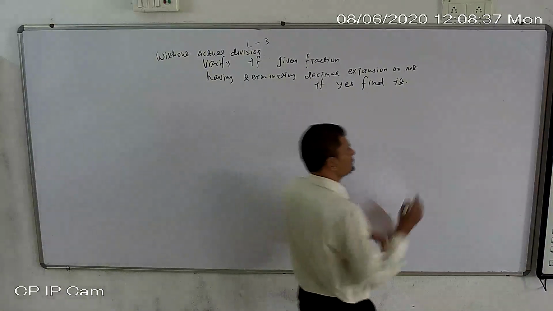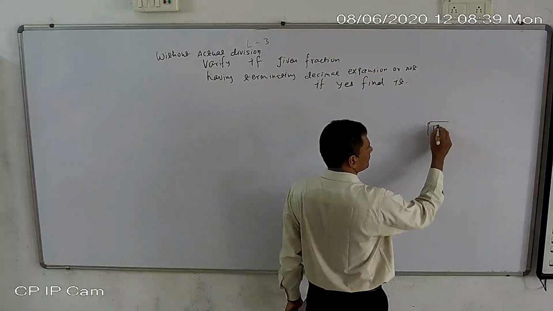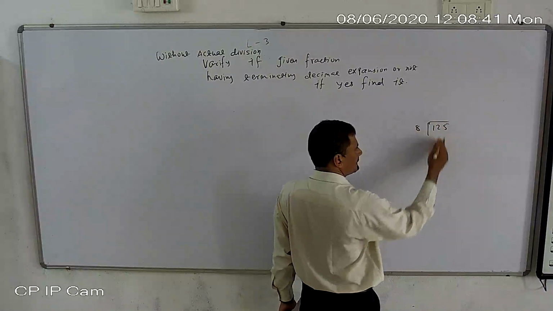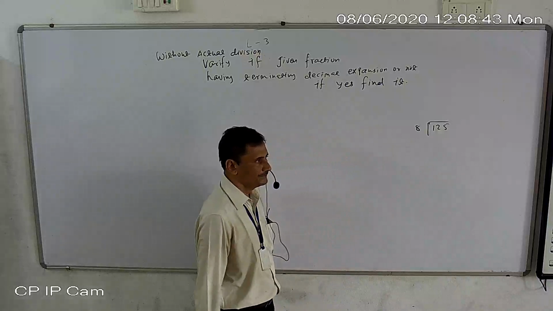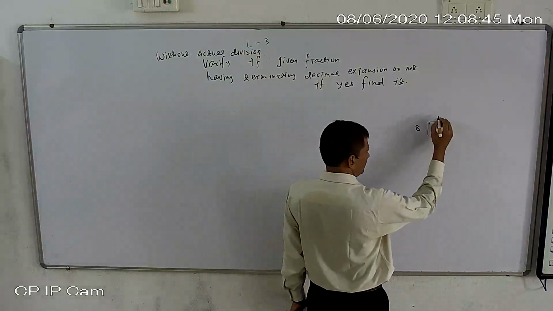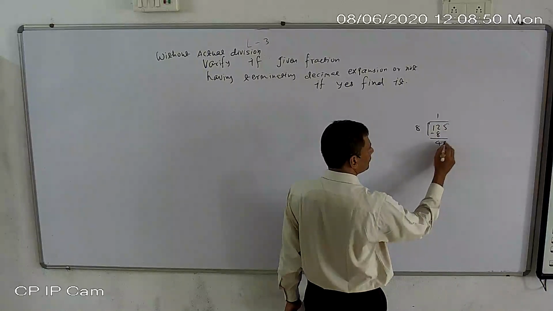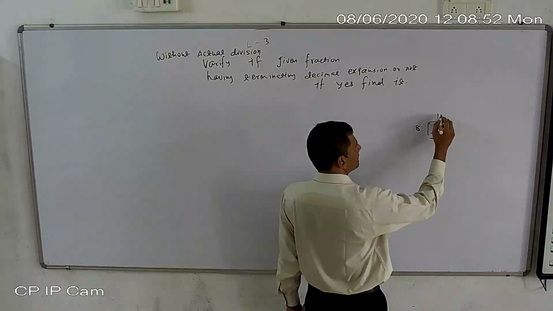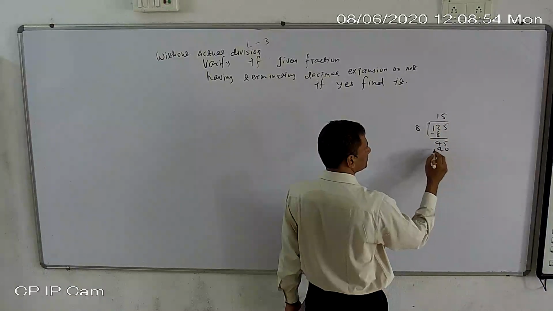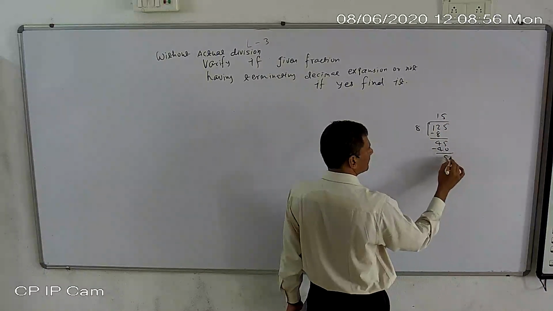So we don't go this way. Suppose 125 by 8, then don't divide this way. If we divide now for trial only, 8 ones are 8, 4, 5. 8 5s are 40, 5 left.